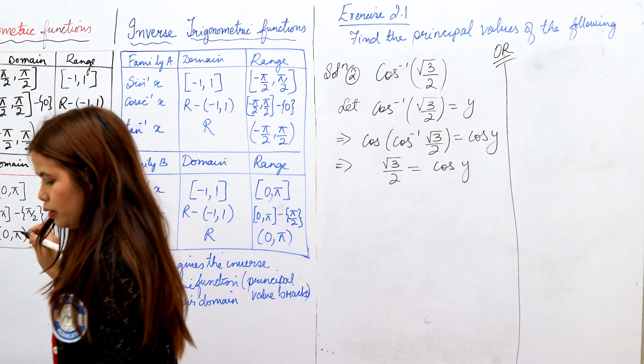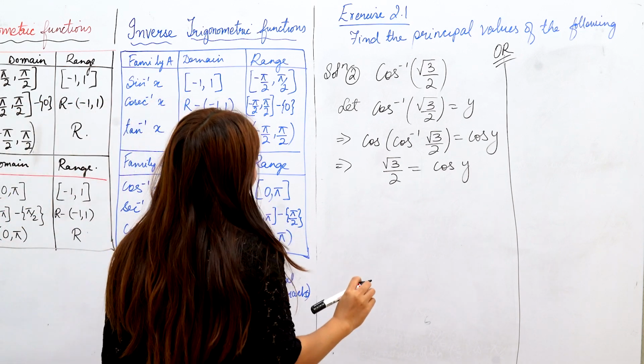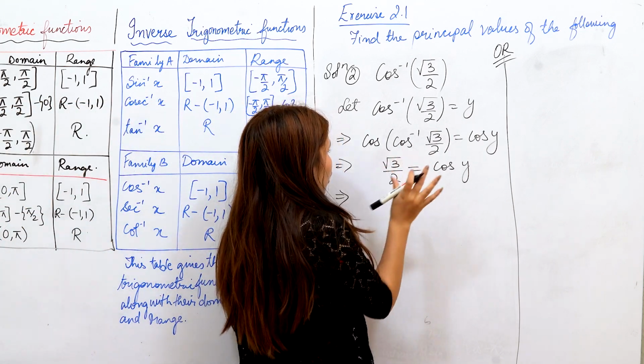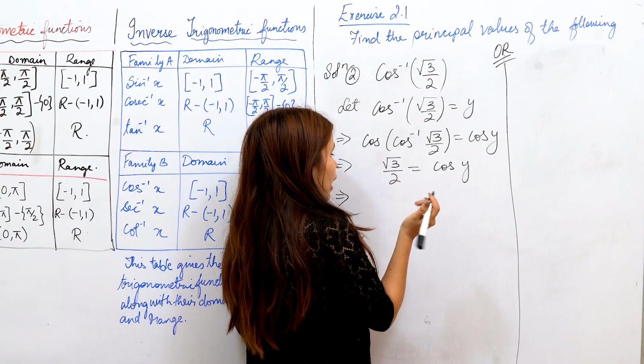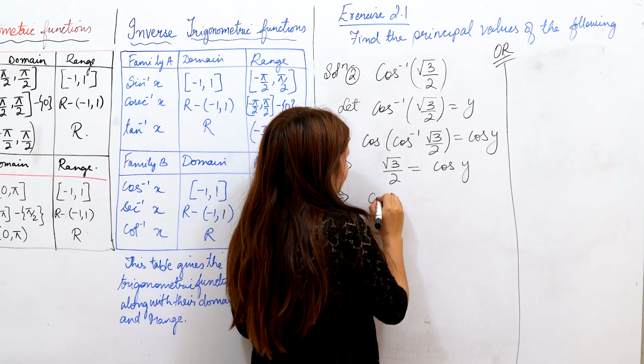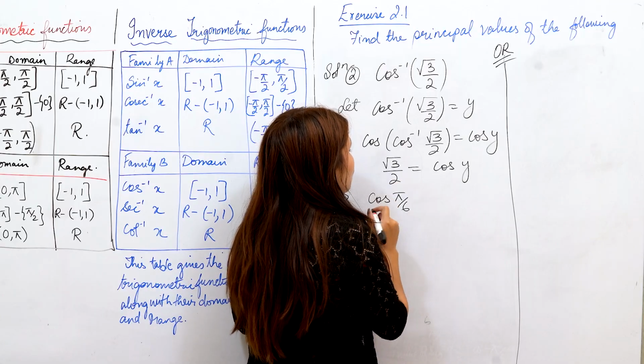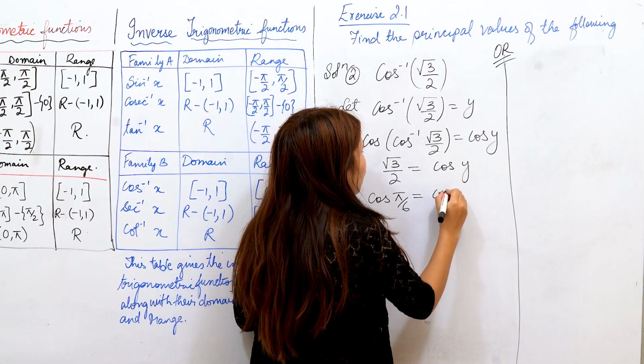Cos of which angle gives root 3 by 2? From the table of values for cos, sin, tan, cos of pi by 6, which is cos of 30 degrees, is root 3 by 2. So root 3 by 2 equals cos y.